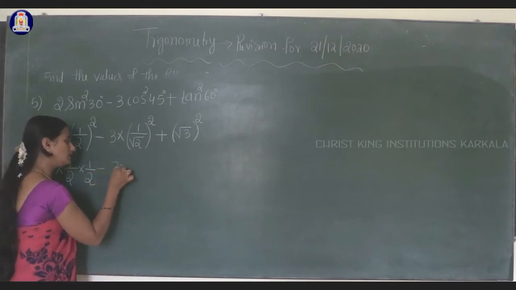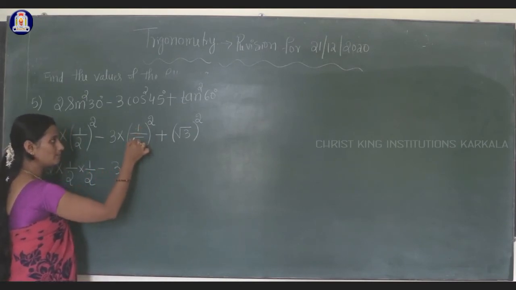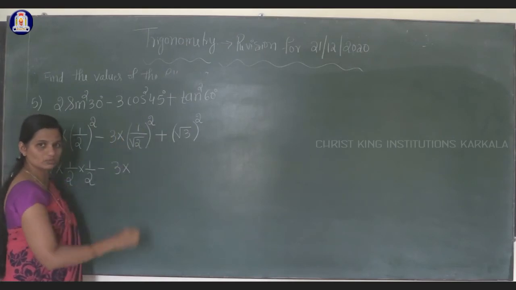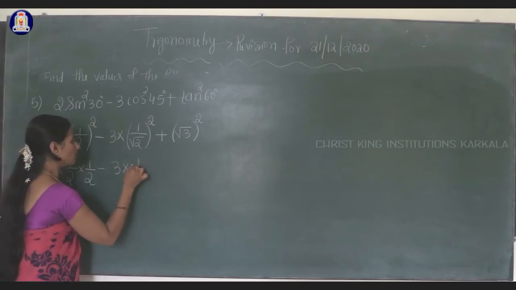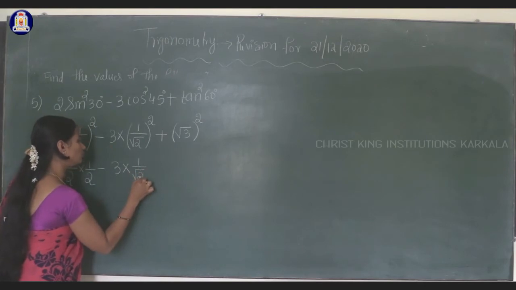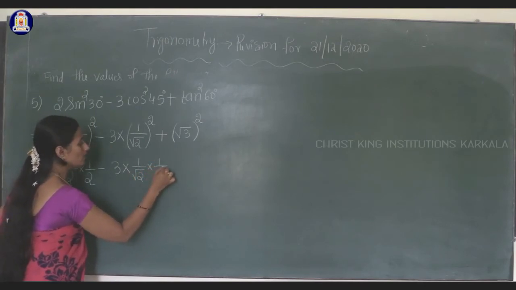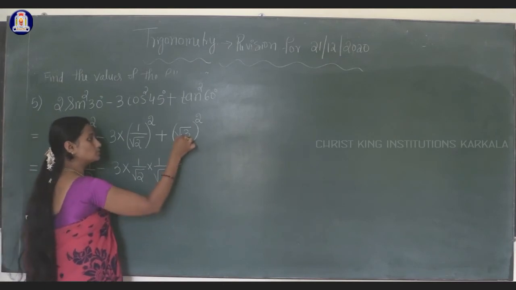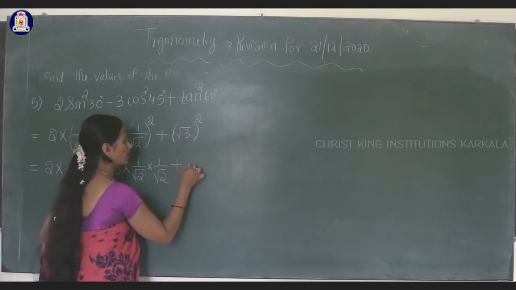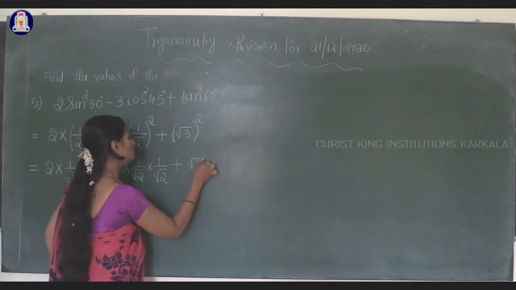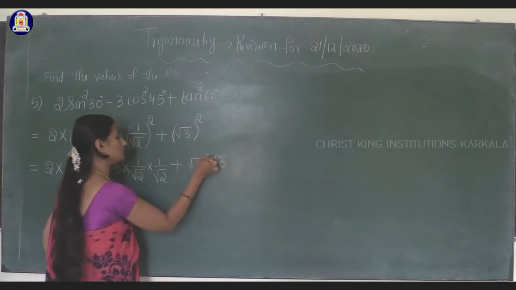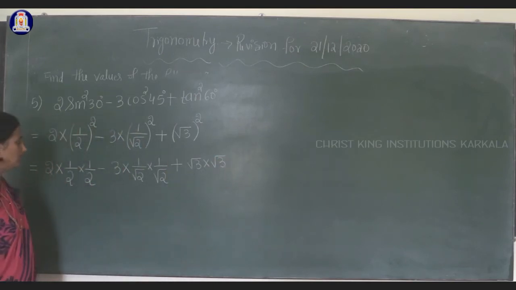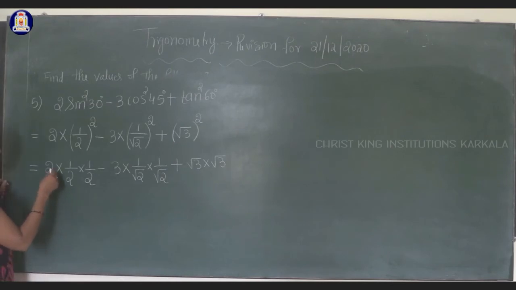Minus 3 into 1 by root 2 whole square, which can be written as 1 by root 2 into 1 by root 2, plus root 3 whole square, which can be written as root 3 into root 3. Clear? Yes.